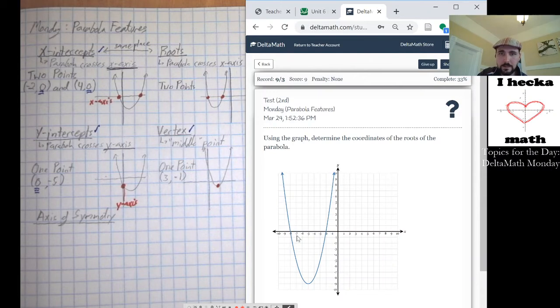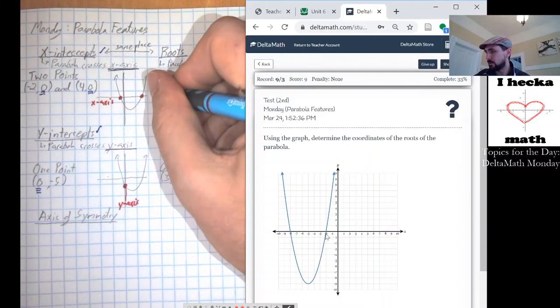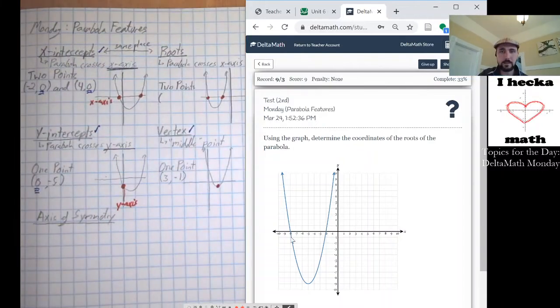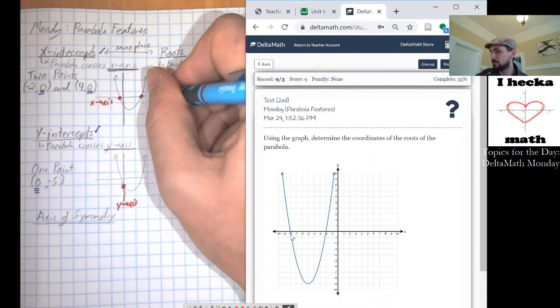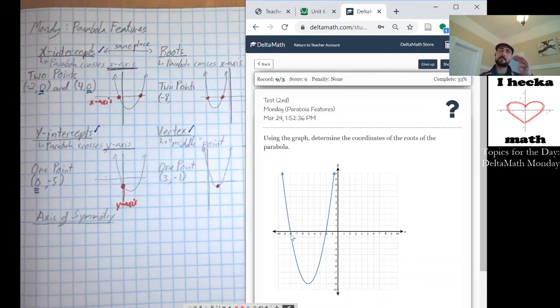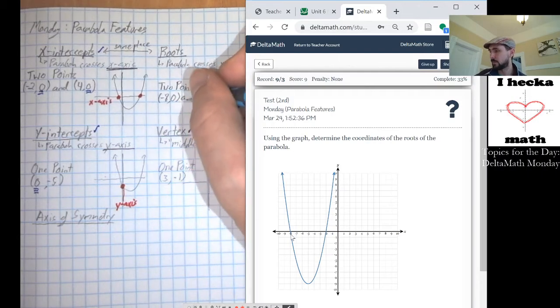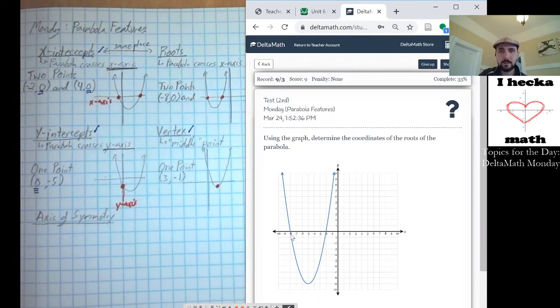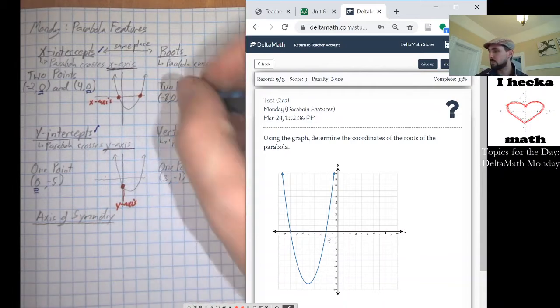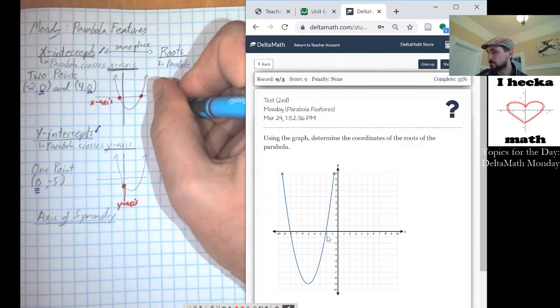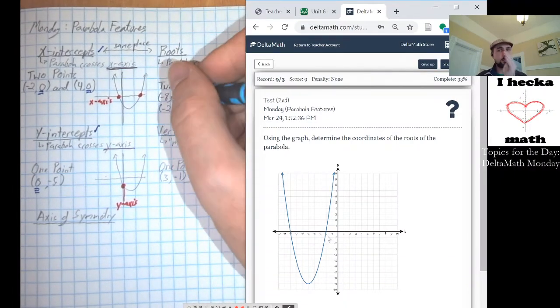So 1 point is all the way over here, and the other point is right there. So 2 points. To get to this point, this looks like it's at negative 8. But remember, negative 8, comma 0. And this one looks like it's at negative 2, comma 0.